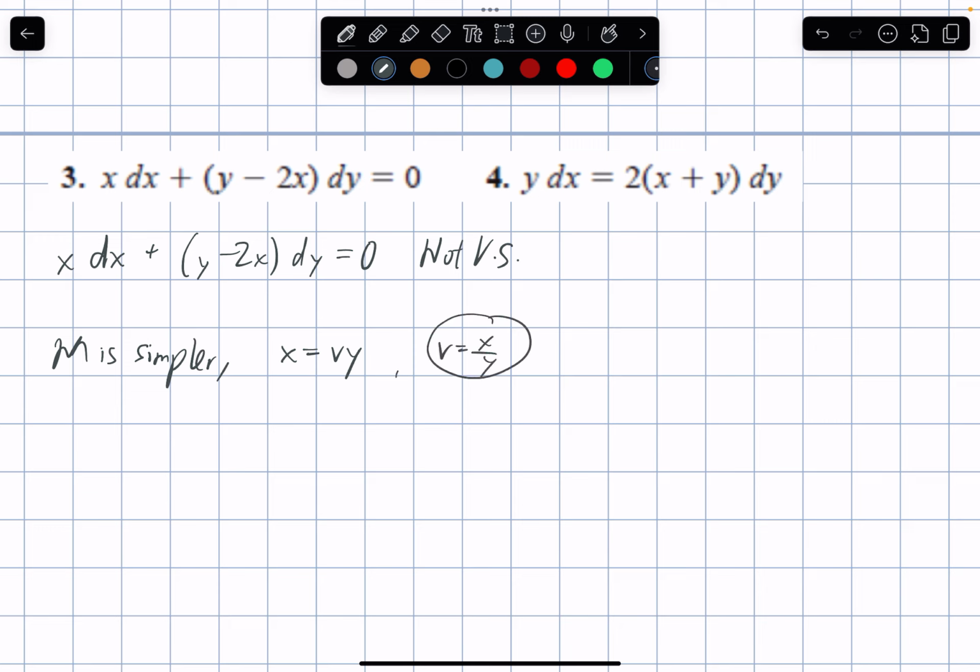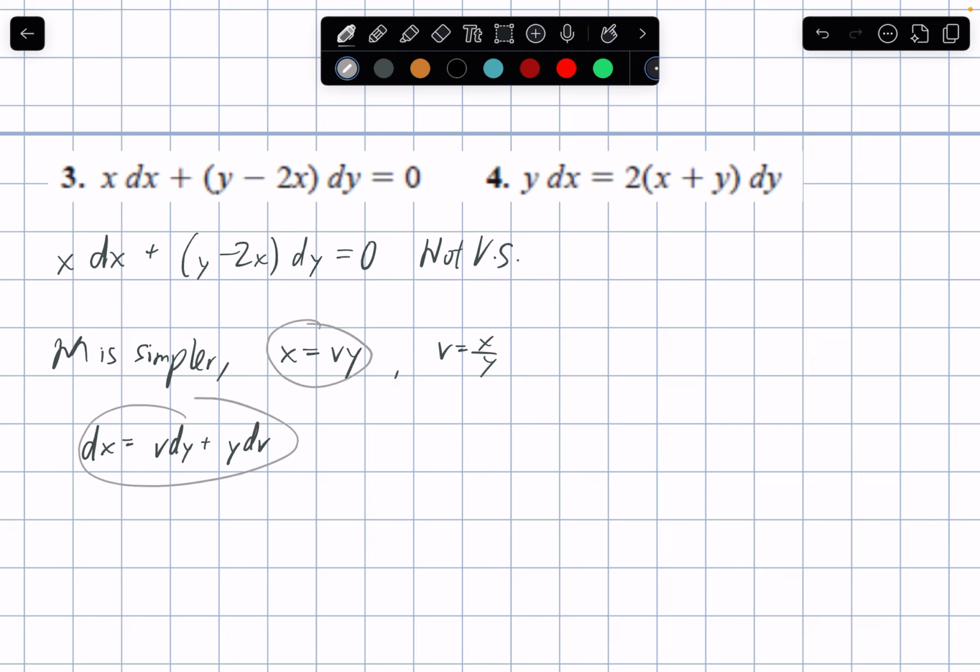We're gonna use this later, after integration, so that we would be able to finalize our general solution. So right now, now that we have x equal to vy, you derive. So dx is equal to v dy plus y dv. Again, you need these two for the substitution part of the solution.